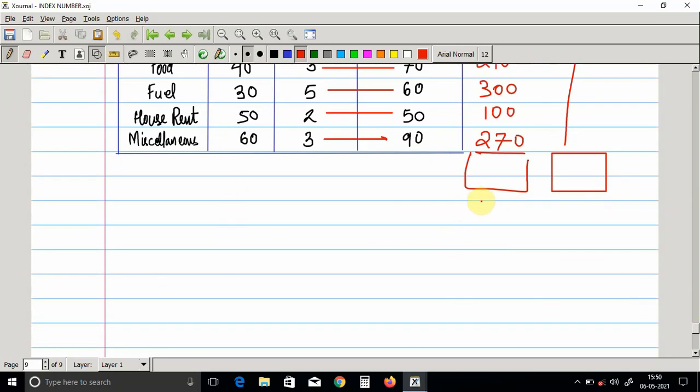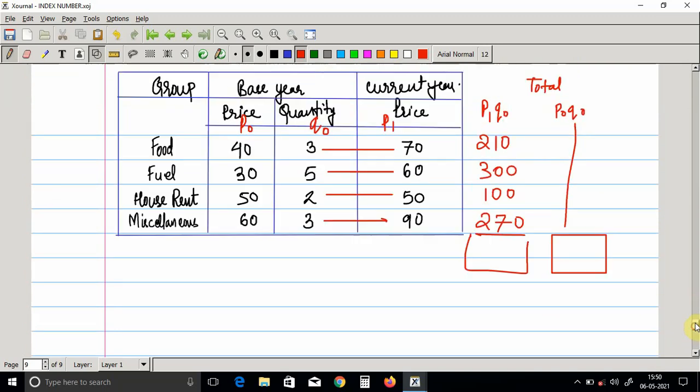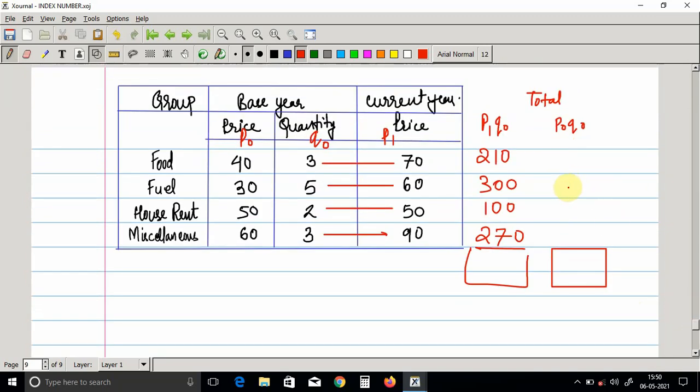Suppose I'm writing any random numbers over here. Let's do the calculations, let's not skip it. Okay. So the bill in the base year is 120, 150, 100 and 180.